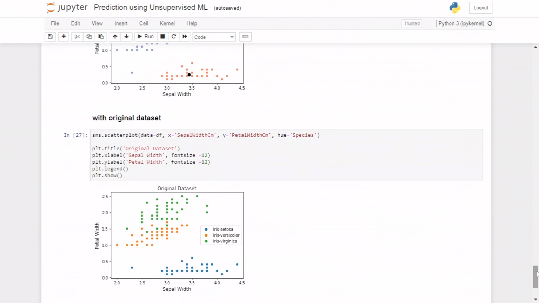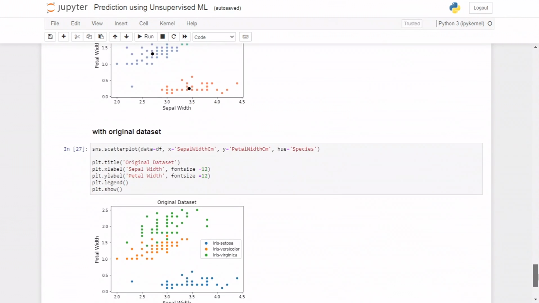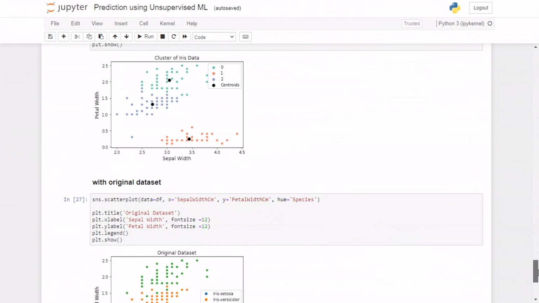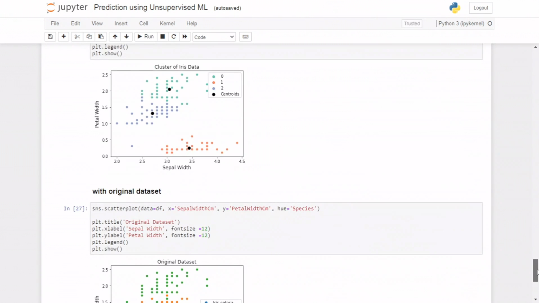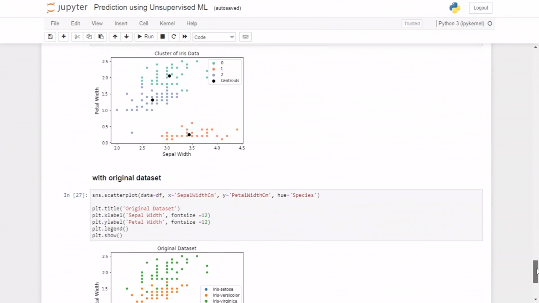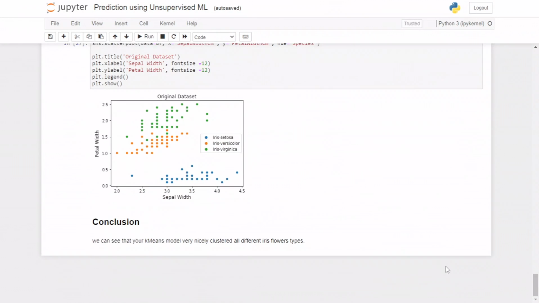If we compare with the original dataset, we can see that it is not perfectly predicted, but it is above 90% accurate. We can see that there is some misprediction here and there, as a point does belong to another species. Thank you.